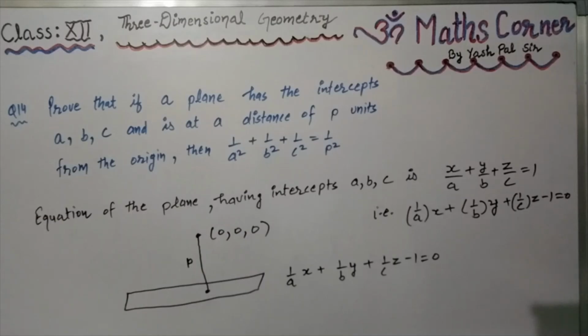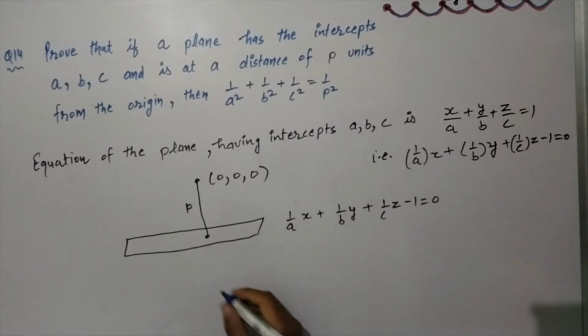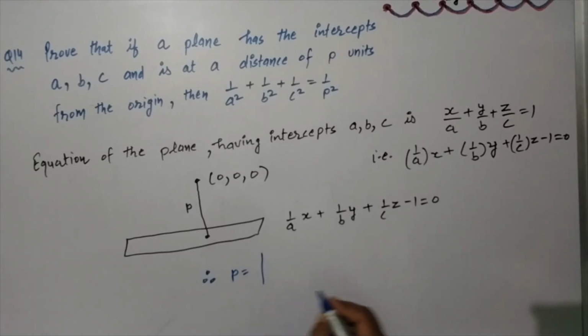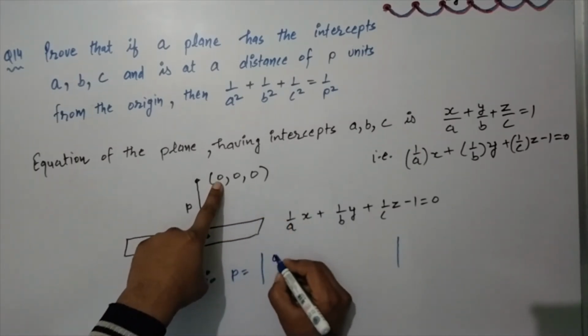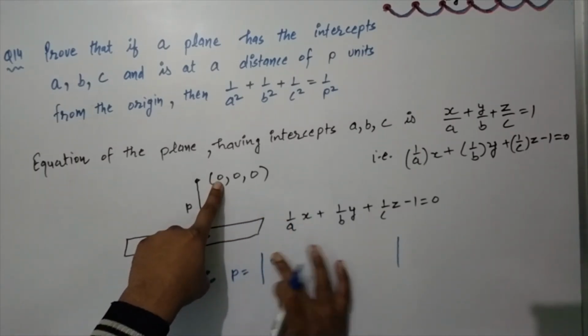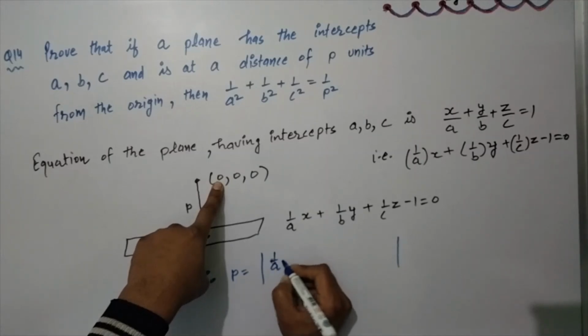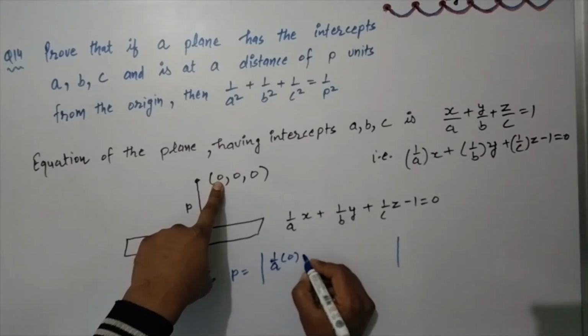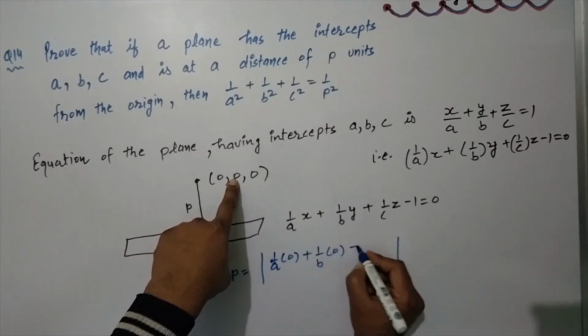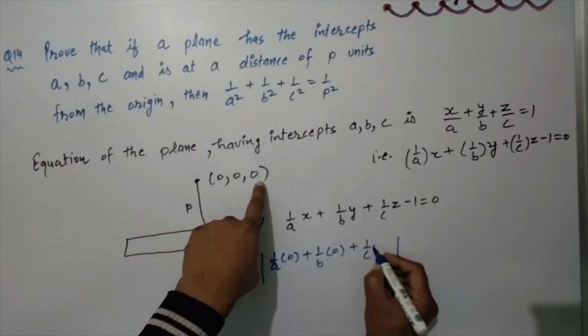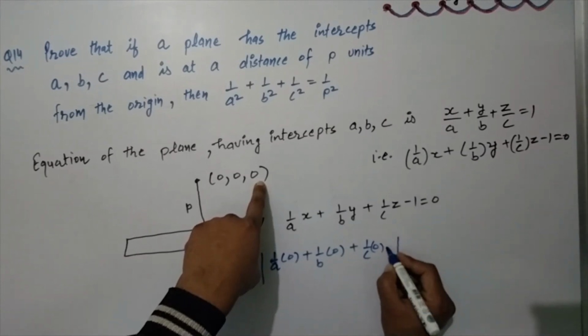This is given here. So we find this value. P distance is equal to, distance is always non-negative, so we use the modulus sign. In place of x, y, z we put 0 0 0. So first of all we write it as 1 upon a into 0 plus 1 upon b into 0 plus 1 upon c into 0.